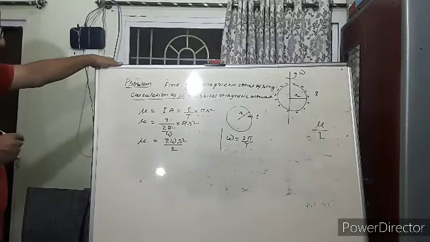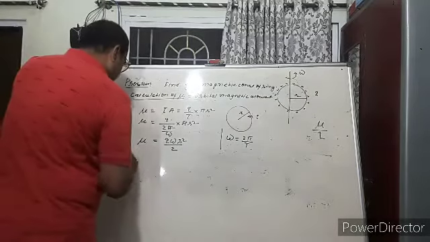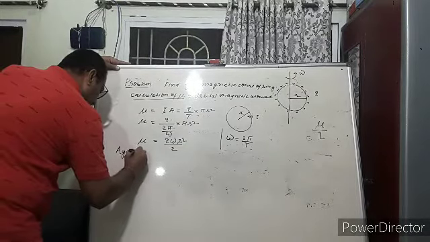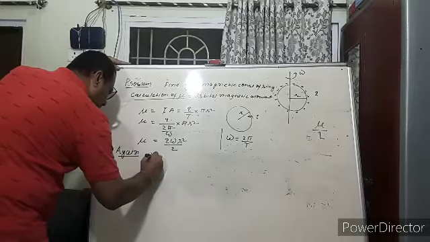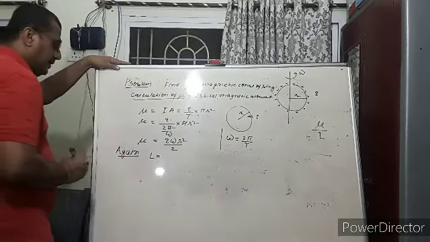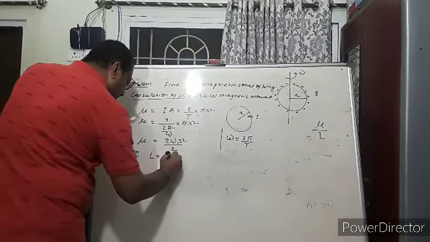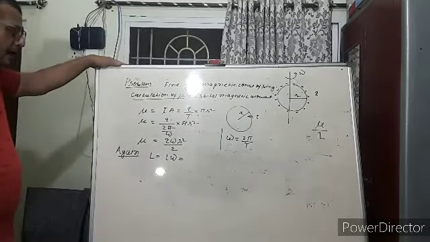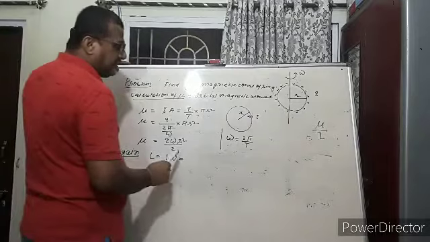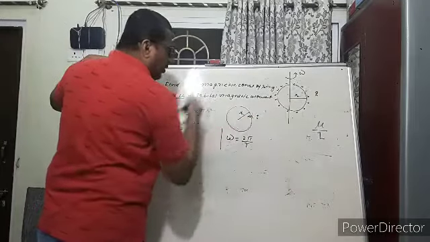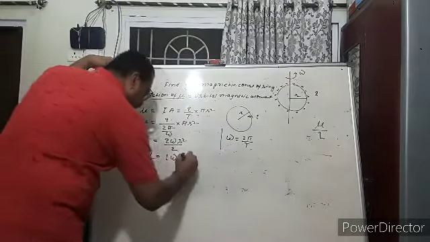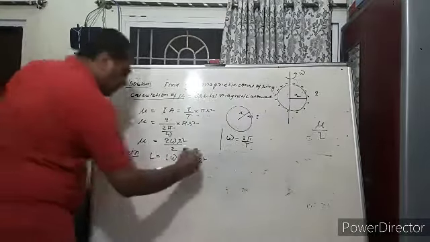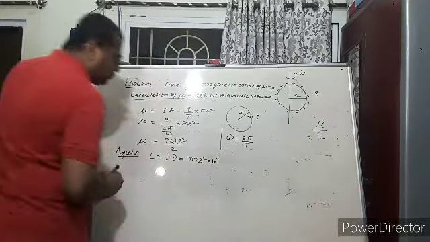Then L, the angular momentum. L is equal to I omega, where I stands for moment of inertia. Moment of inertia of the ring along the axis is m r square, from class 11, so L is m r square omega.